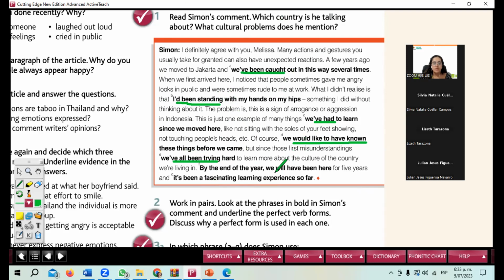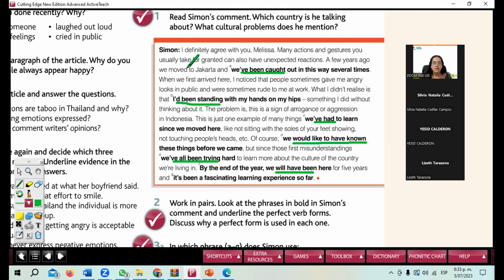Okay. And the words that belong to it? We will have been here. Yes, will have been is the perfect tense. Very good. And finally, Jessie, letter G.